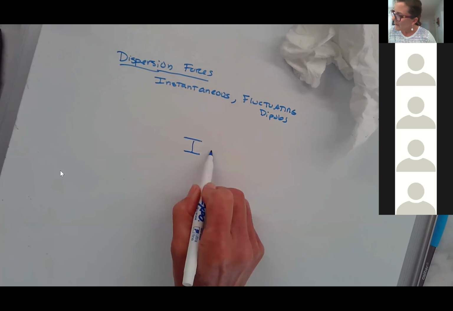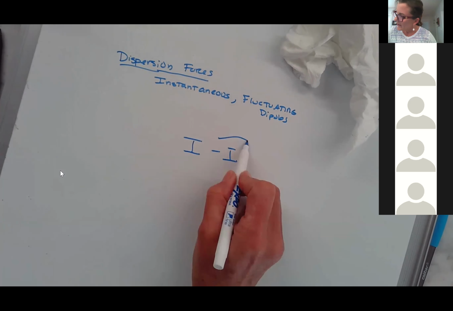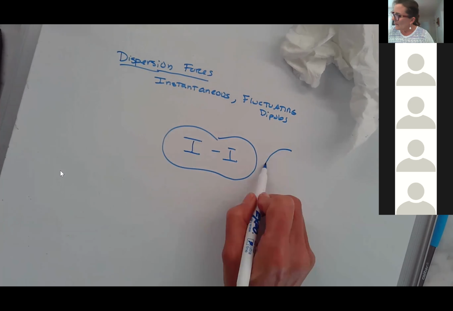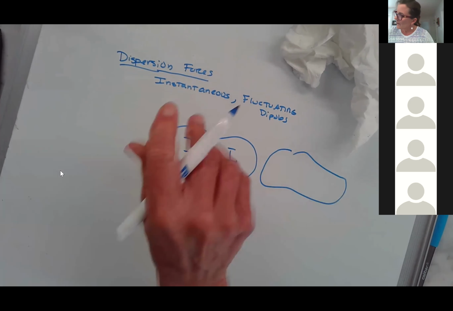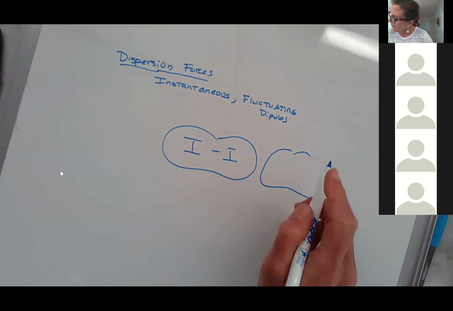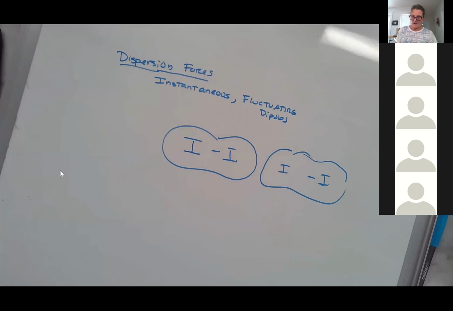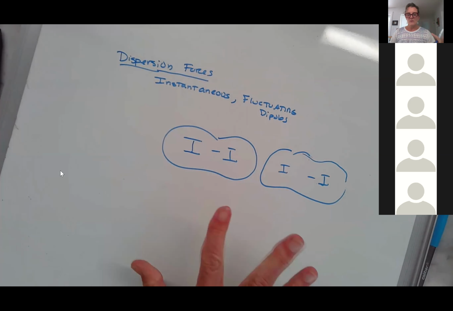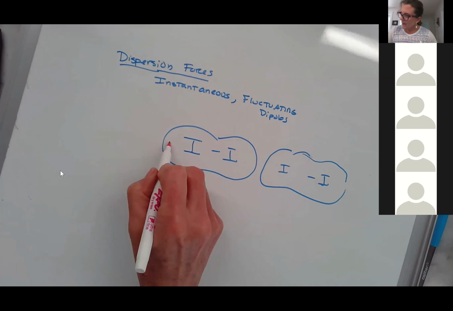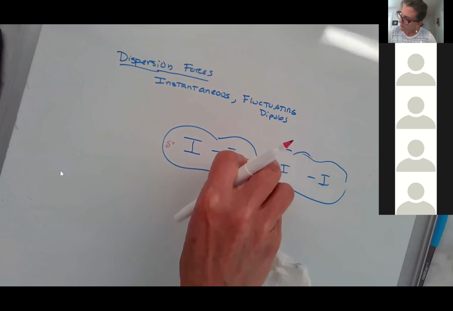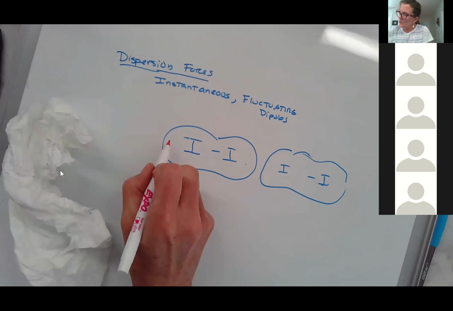So imagine I have my iodine and it's nonpolar, and it's close to another iodine. When it's by itself, there's no separation of charge. But when they're near each other, I'll represent it as electrons. The electrons start moving together.